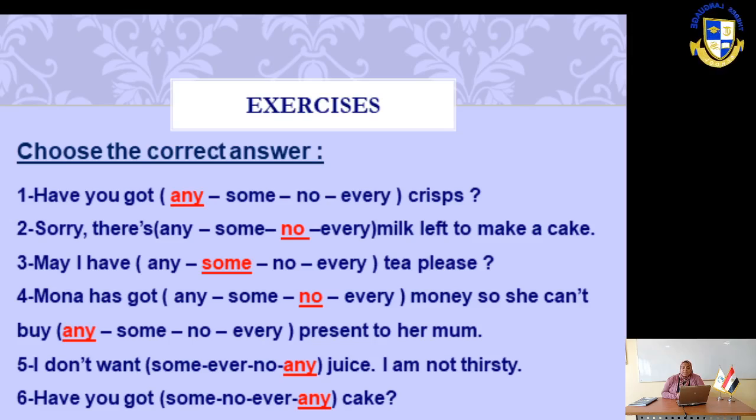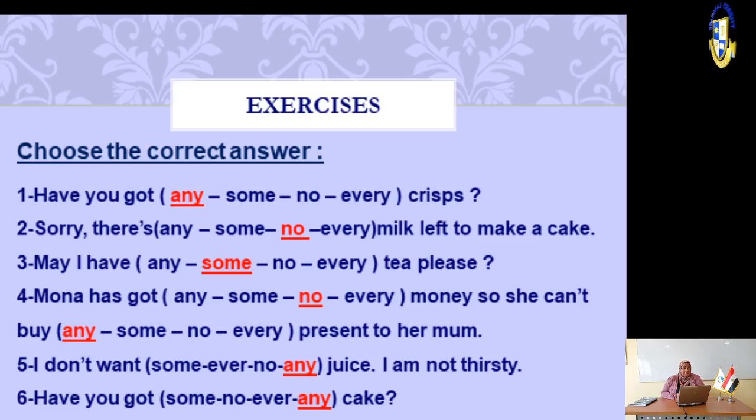Sorry, there is milk left to make a cake. Now you have to understand the meaning of the sentence. I say sorry, there is milk left to make a cake. That means there is or there isn't. There isn't. Here I have there is any or there is some or there is no or there is every. Exactly. There is no milk.